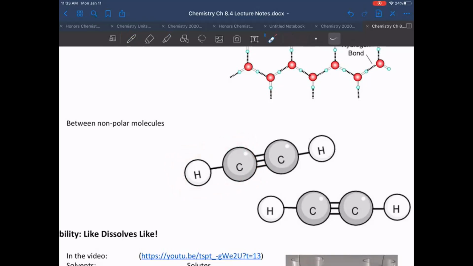Nonpolar. What about if we have two carbons? Always nonpolar. If you have two of the same, their difference is going to be 0, always nonpolar. And then another nonpolar here as well. So this is a very nonpolar molecule. This means that no atom is really pulling for the electrons, so you're going to have no partial charges.